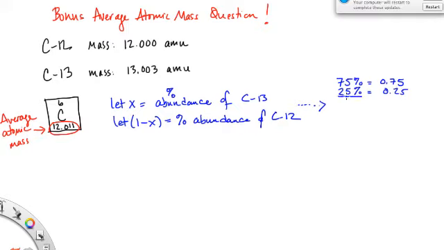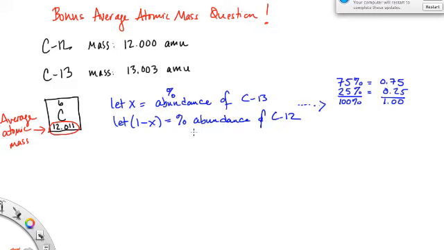We know that 75 and 25 is 100%, but as decimals, they add up to 1.00. So for our values here, x and 1 minus x, they'd have to add up to 1.00. So that's where we get the 1 minus x versus the x, okay? And if you don't quite get that, you can rewind this tutorial and check back over here. There's nothing wrong with listening to this a couple of times until you completely understand it.